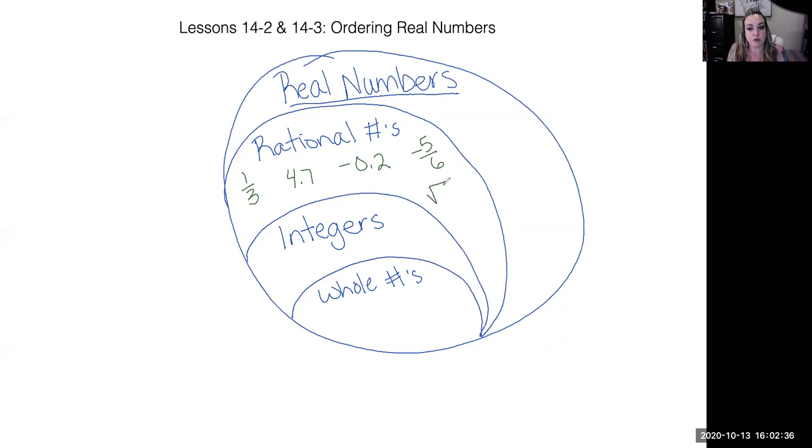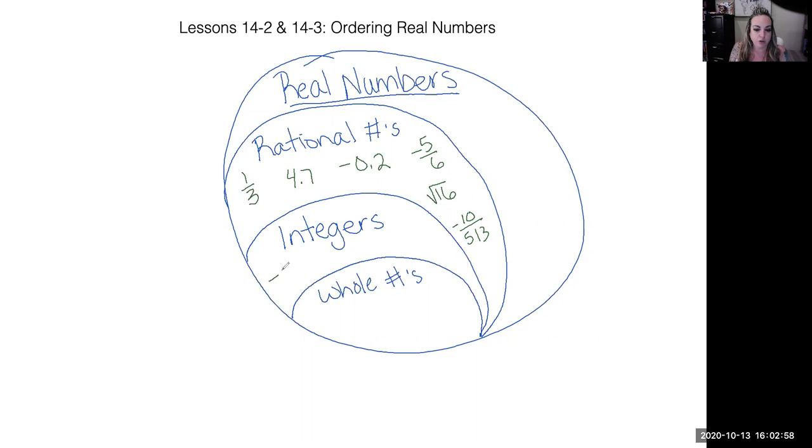Maybe it's the square root of 16, right, which is 4. And we'll throw one more in there, negative 10 513, something like that. So those are all rational numbers.